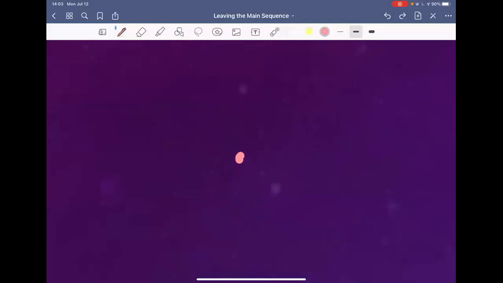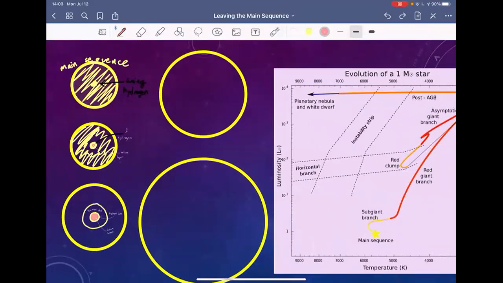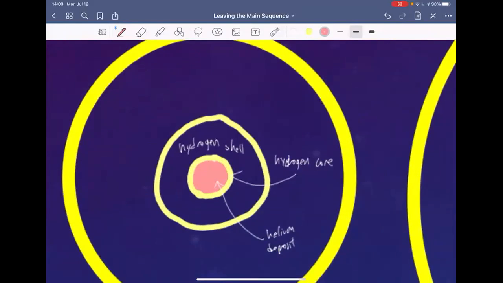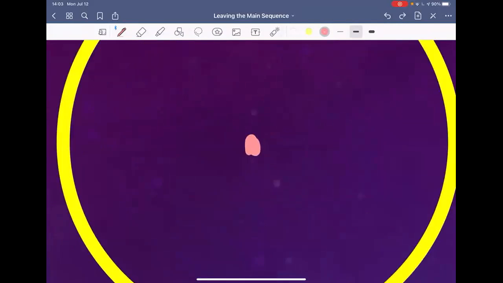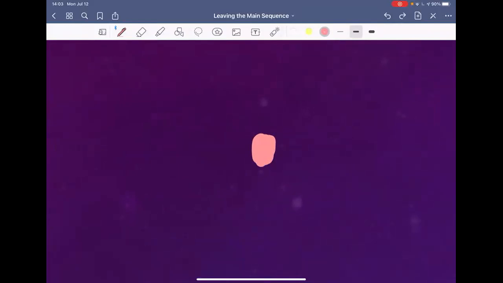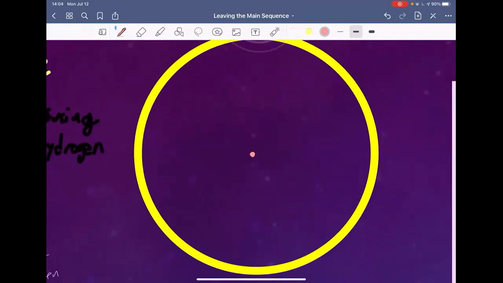All this helium right here, about this size, gets compacted down to something about this size, or even smaller. Something more accurate might be this small. If that core becomes that small, then it becomes hot enough to start fusing.